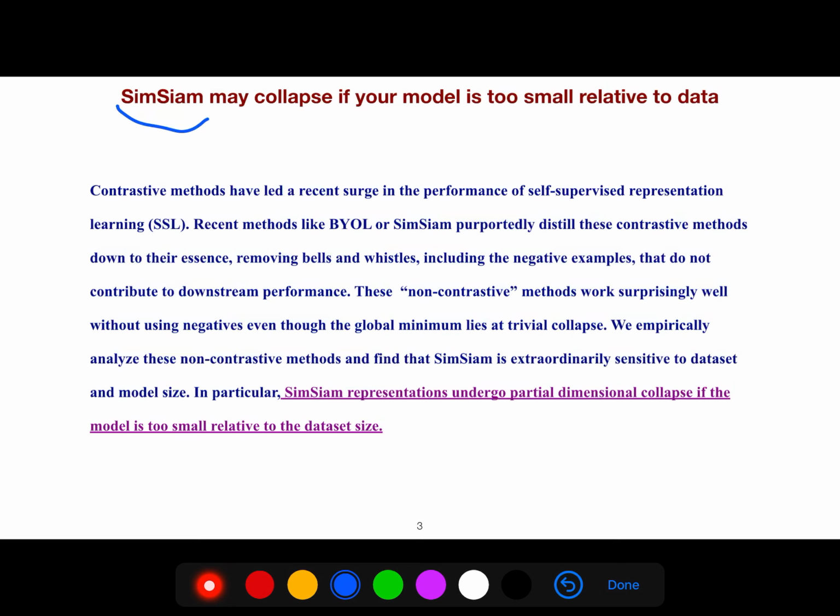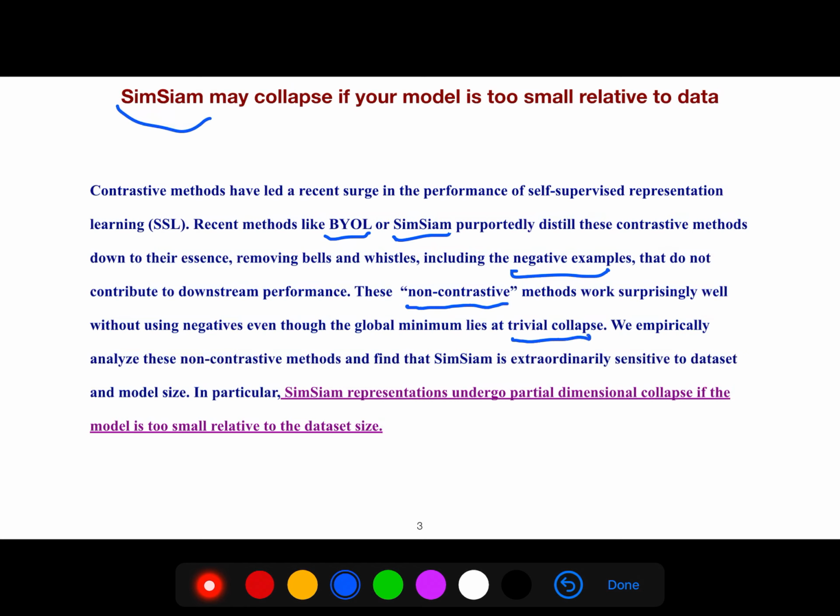Contrastive methods have led a recent surge in the performance of self-supervised representation learning. Methods like BYOL or SimSiam distill these contrastive methods down to their essence, removing bells and whistles, including negative samples that do not contribute to downstream performance. These non-contrastive methods work surprisingly well without using negatives, even though the global minimum lies at trivial collapse.